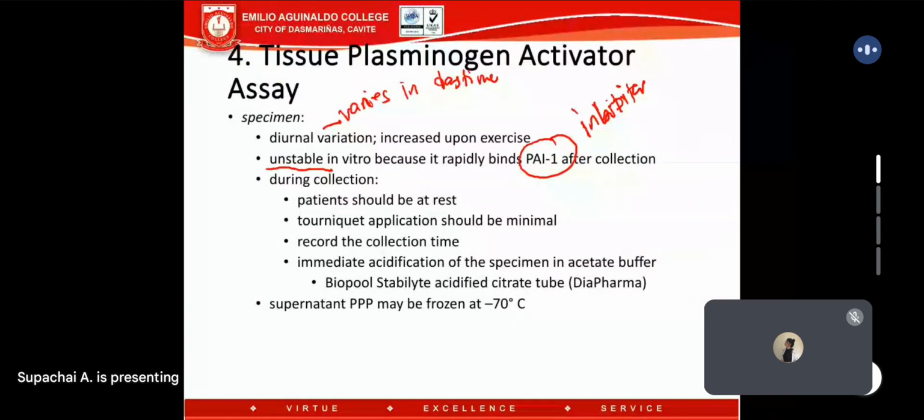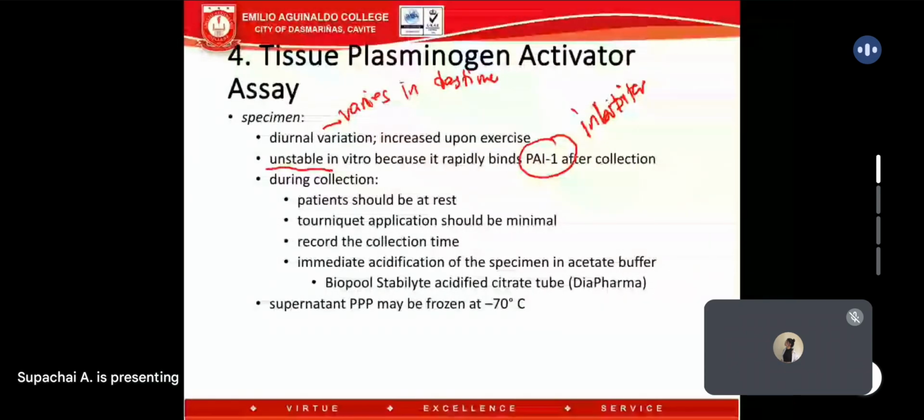However, you have to consider the diurnal variation. What do we mean by diurnal variation? Which means that the value of TPA may vary during daytime and may be affected by various physiologic activities, for example, during strenuous exercise.